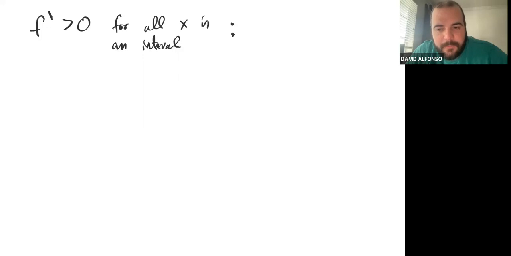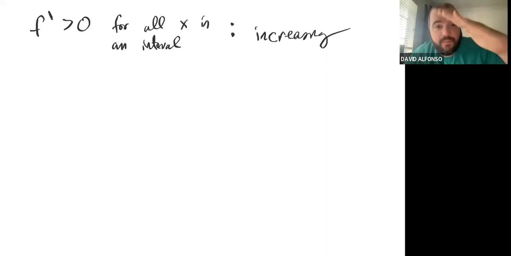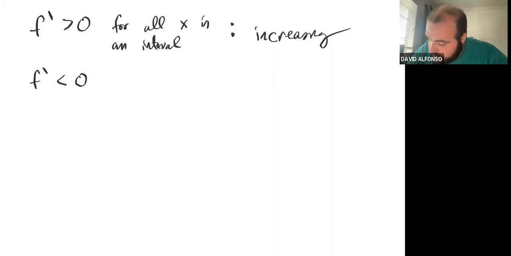What does that mean? Right. That means all the tangent lines have a positive slope. That only occurs if a function's increasing. And of course, if all the slopes are negative for all x in an interval, you'd say it's decreasing.